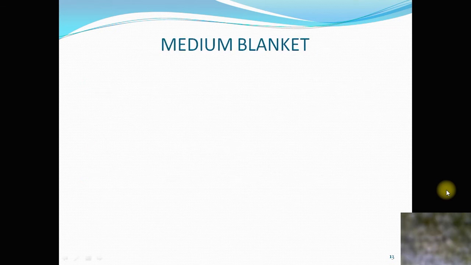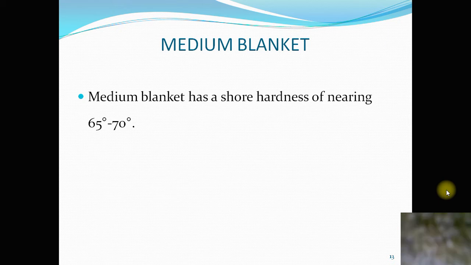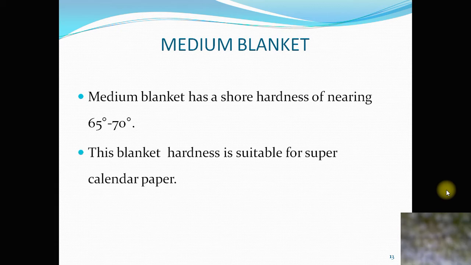Then medium blankets. Medium blankets have a shore hardness of nearly 65 degrees to 70 degrees. This blanket hardness is suitable for super calendar paper. If we are using a super calendar paper, you should select a medium blanket. Isn't it?